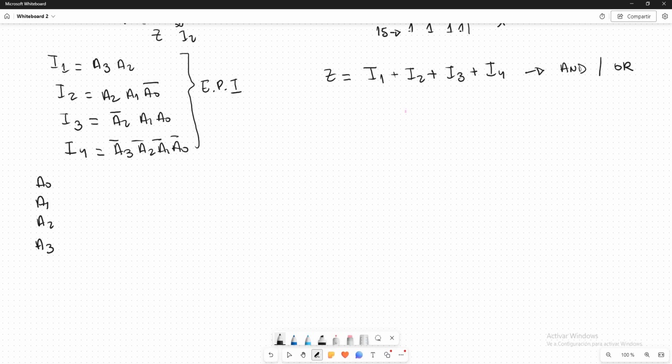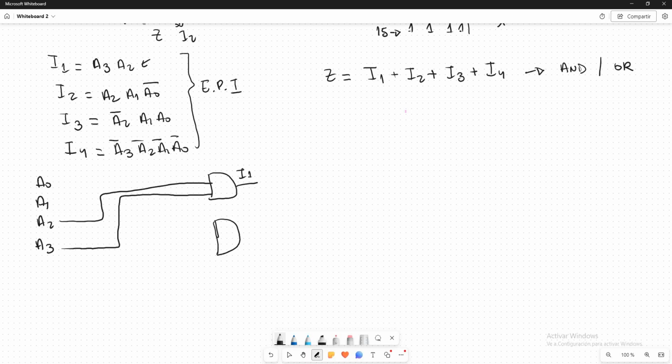The first implicant is going to be the AND, the logic product of A3 and A2. So we have here implicant 1. Implicant 2 is an AND gate of 3 inputs.